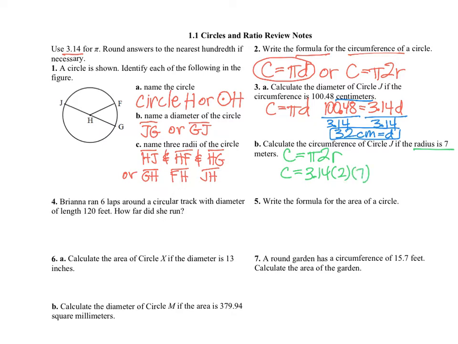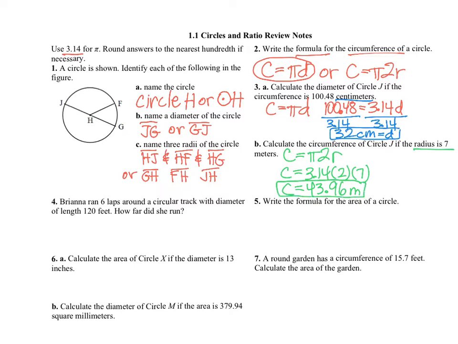So we let our calculator do that. 3.14 times 2 times 7. So 43.96. Circumference equals 43.96 meters.